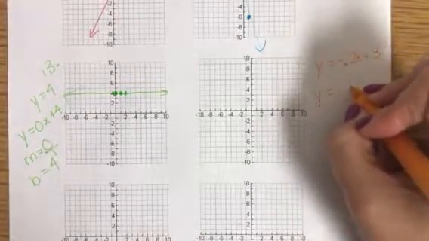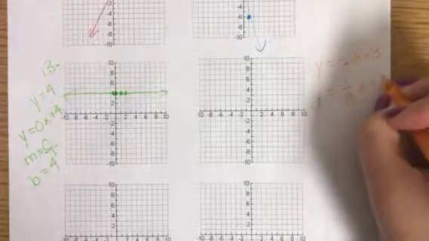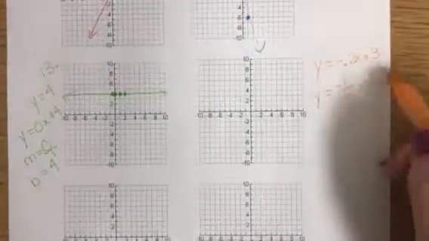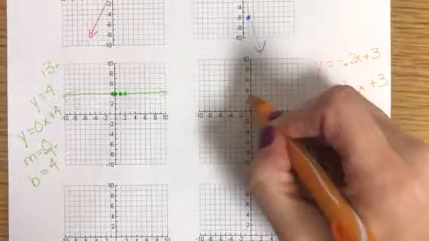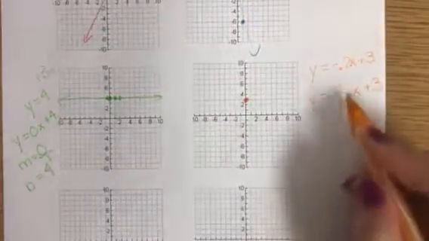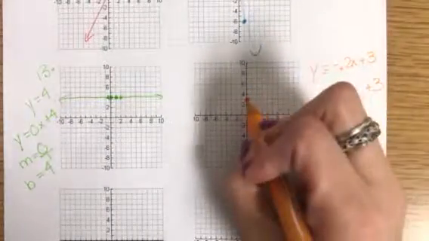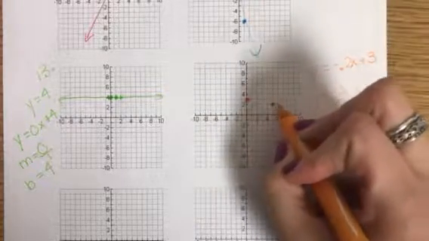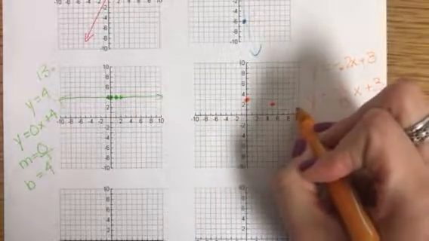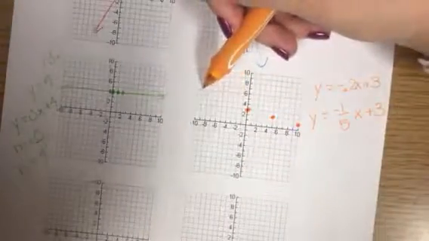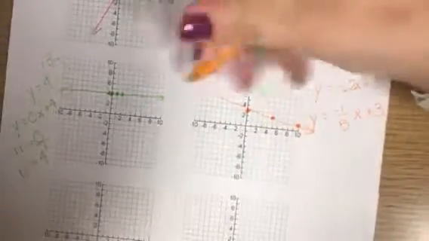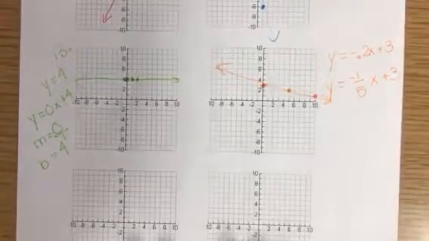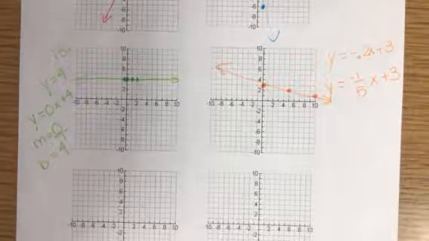That's the same thing as negative 1/5 x plus 3. So we know our intercept is 3. We can start there. Again, negative 1 over positive 5, so I'm going down 1, right 5. Down 1, right 5. Another way that we could check is that when our slope is negative, we know we want a line that is going downhill. So we should have a downhill line.